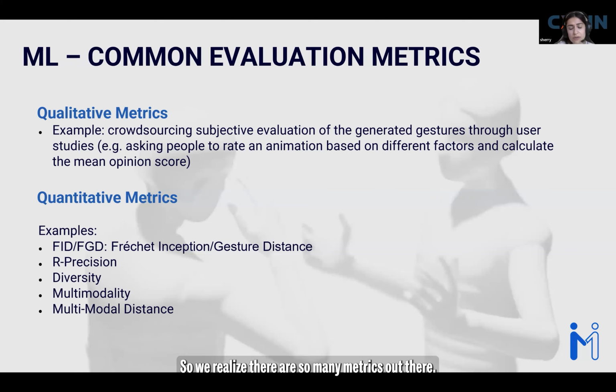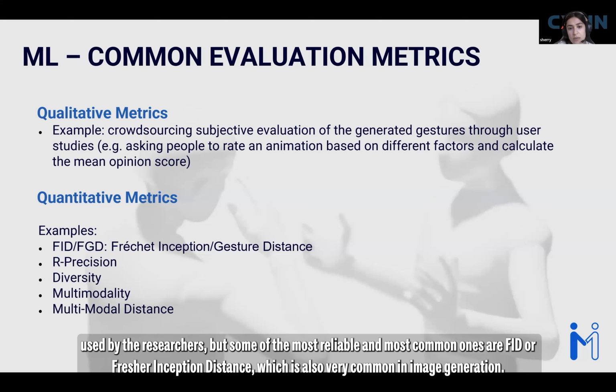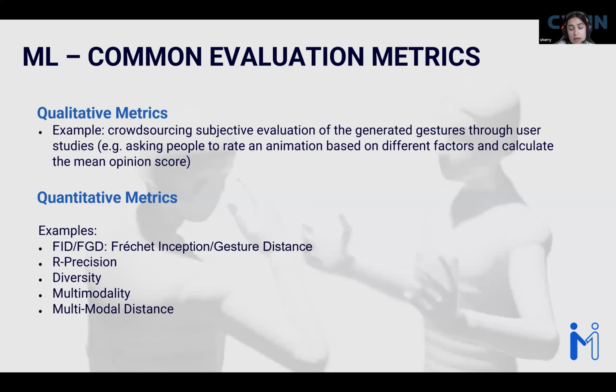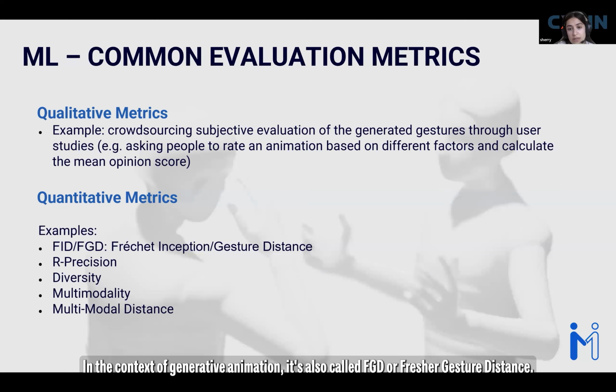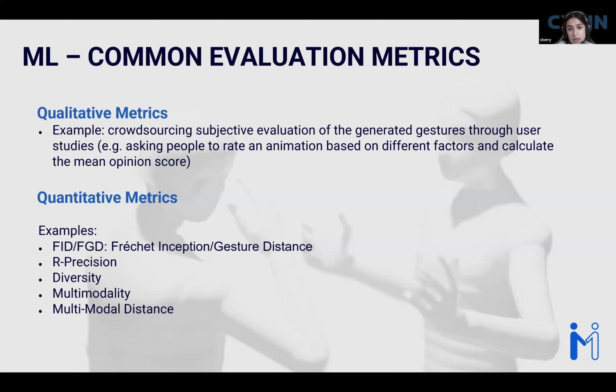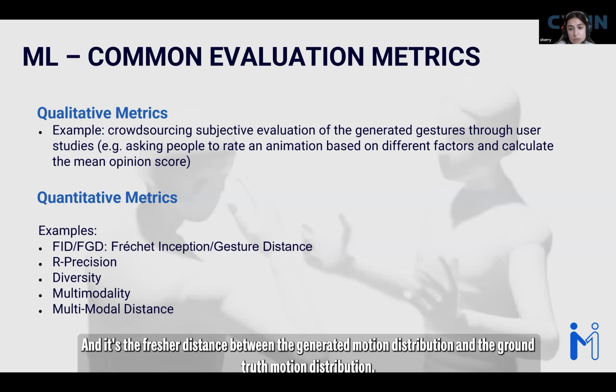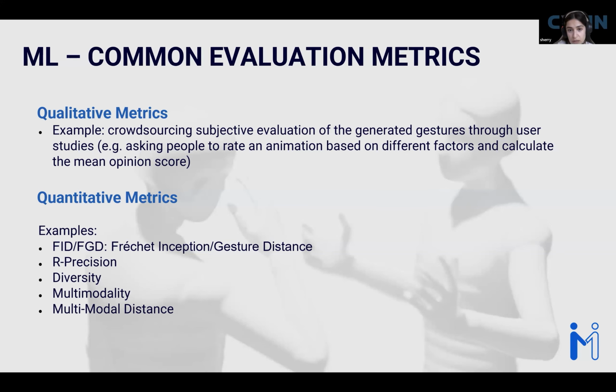So there are so many metrics out there used by researchers, but some of the most reliable and most common ones are FID, or Fréchet Inception Distance, which is also very common in image generation. In the context of generative animation, it's also called FGD, or Fréchet Gesture Distance. And it's the Fréchet distance between the generated motion distribution and the ground truth motion distribution.